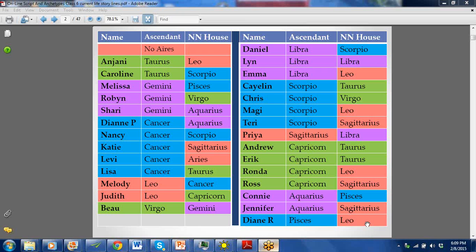But that is more important itself than the other factor that I wanted to bring up here at the beginning of our conversation, which is people trying to get very clear about what it means to have planets near the north node, which we also looked at two classes ago, and planets near the south node.